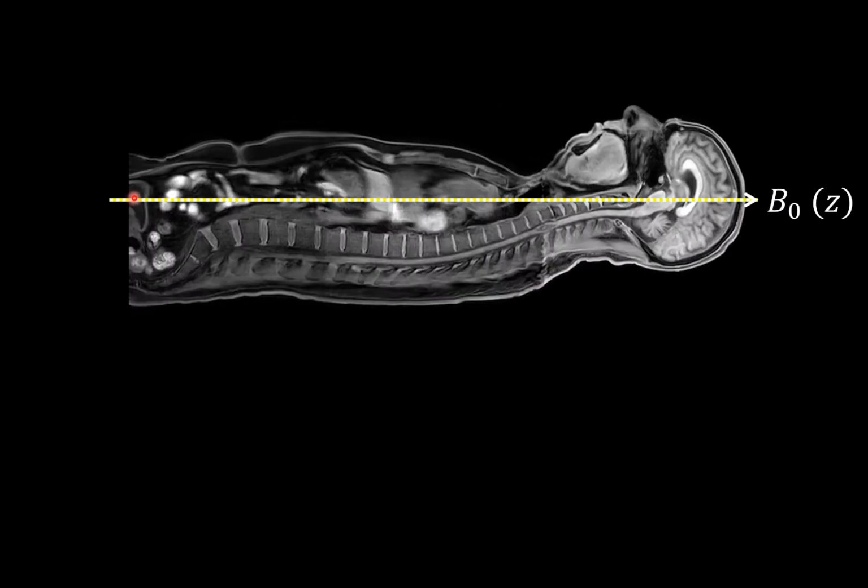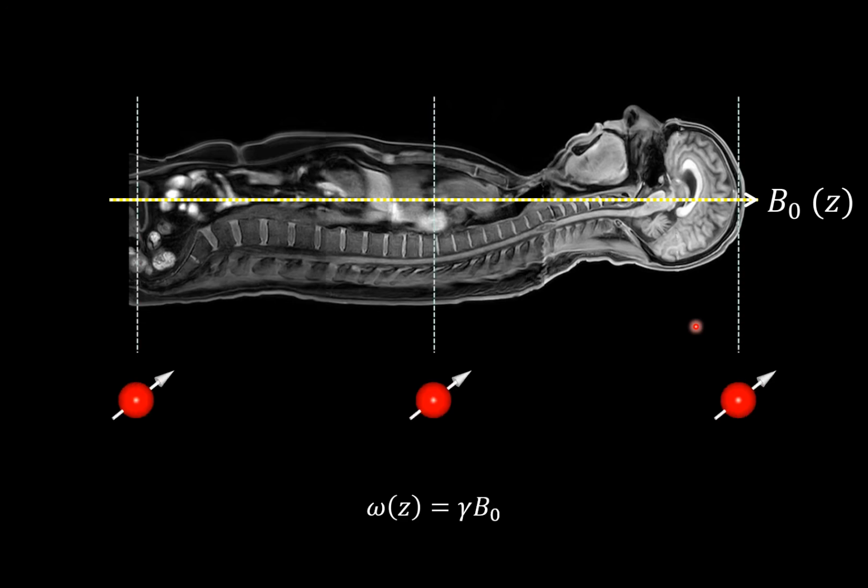Here we have a subject lying inside the magnet with the main magnetic field pointing from their feet to their head. If we look at the protons precessing at 3 different locations, ignoring any non-uniformity in the static magnetic field, we can see that at all 3 Z locations, the protons are all precessing at the same frequency.